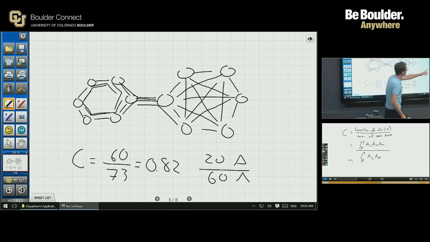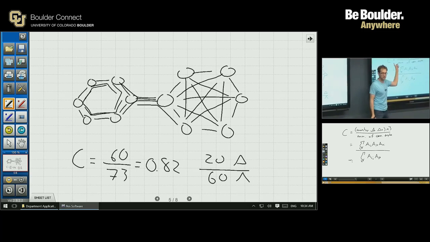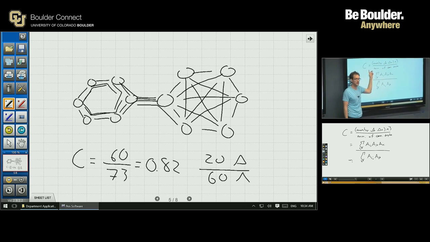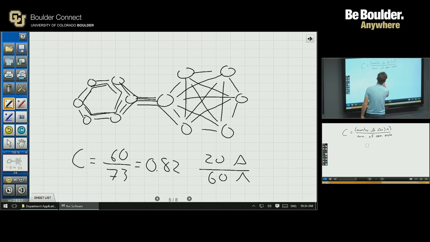So this definition of clustering coefficient is a network level property because we're counting things without thinking about individual vertices. You can define a local level clustering coefficient as well, in which I ask how many of the wedges that vertex i participates in are closed.